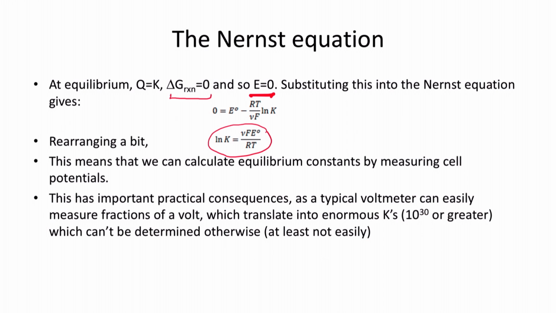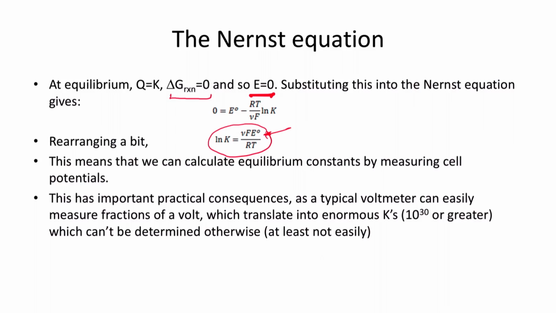This means that I can calculate all these equilibrium constants for all these different reactions just by measuring cell potentials, right, the voltages. This is pretty useful from the practical point of view because a lot of these equilibrium constants can be really, really, really big or really, really, really small, and it might be hard to get directly by looking at things like concentrations.